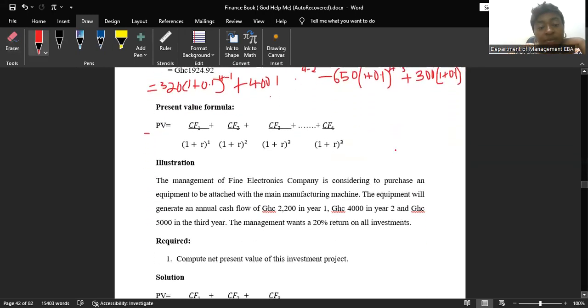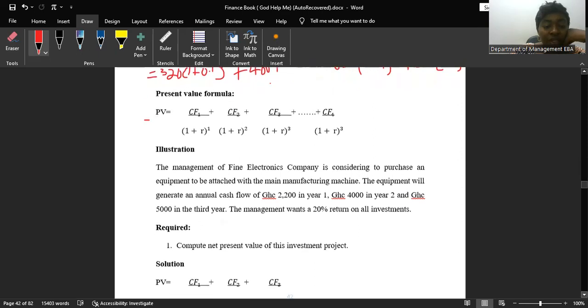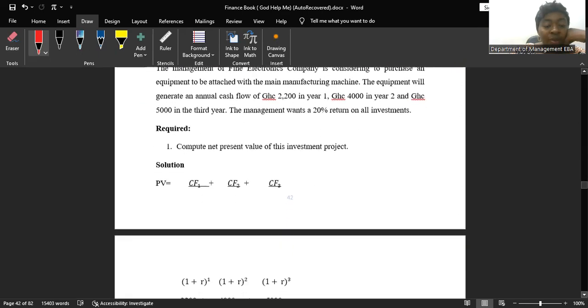This is the formula, right? Present value is the cash flow over the discount. We are discounting the future value into the present. We want to know the value now.